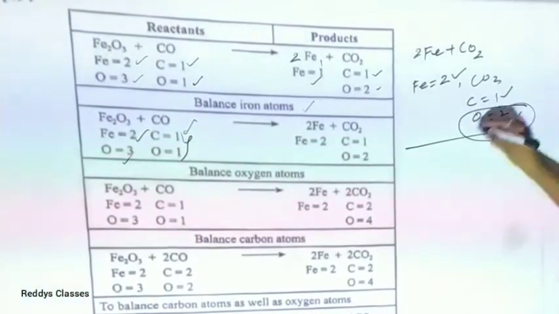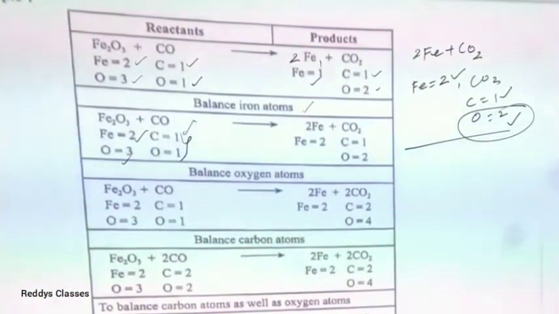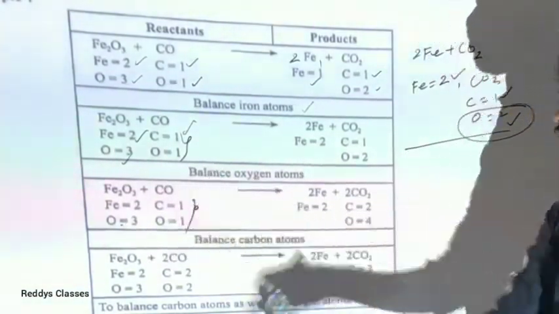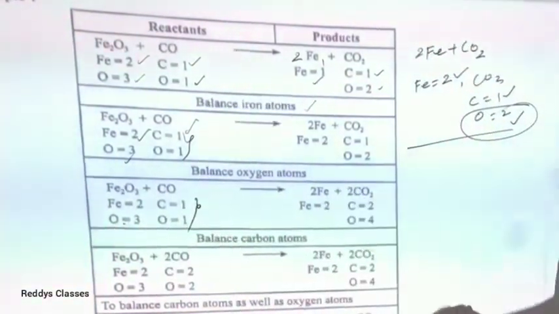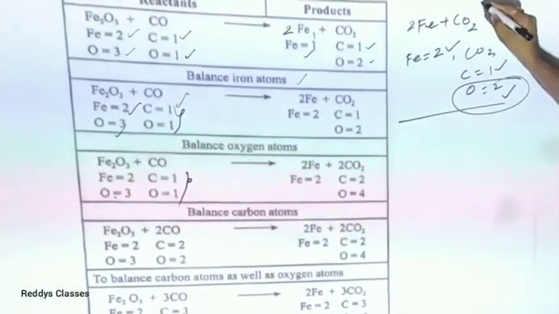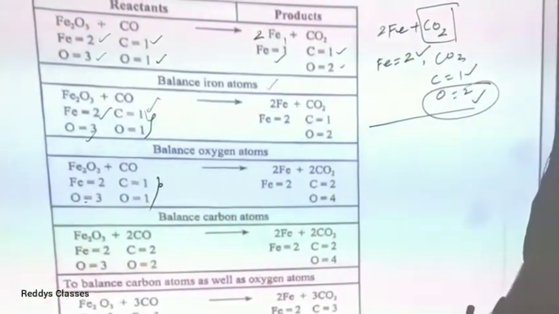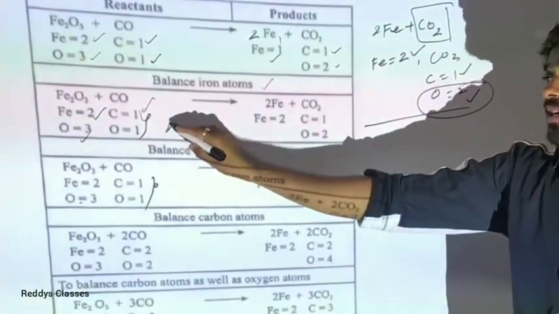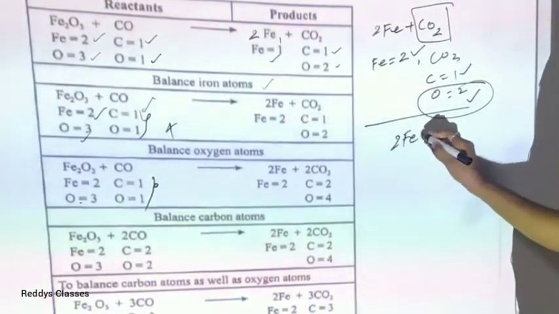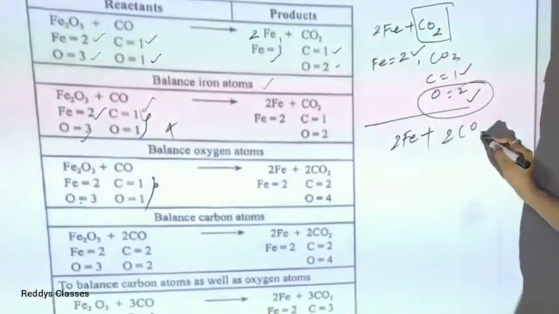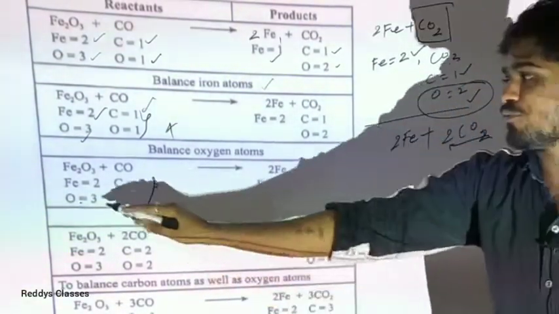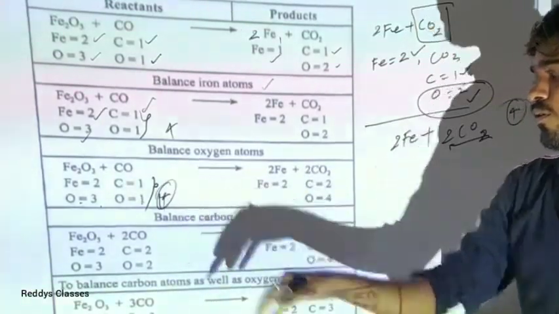So let us start with balancing the oxygen atom now. Let us start once again, written the same. Fe is 2, oxygen 3, C 1, O 1. Now I know Fe is 2, and now I am multiplying for carbon. I can see here is the carbon atom. So I need 4 oxygen atoms here. 2Fe plus 2CO2, this 2 and this 2 will form 2 times 2 is 4, and what I have, 3 plus 1 is 4.